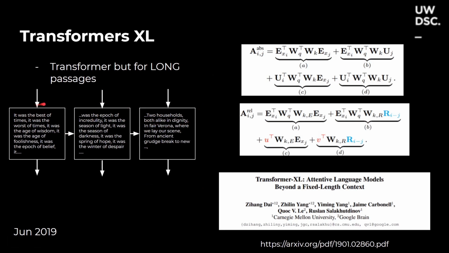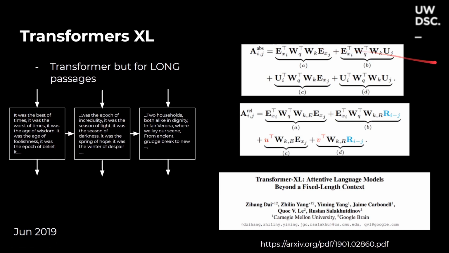Because it's all a part of a larger text. So this paper introduces relative positional encoding. Basically all you care about between two words in the corpus is the number of words between them.